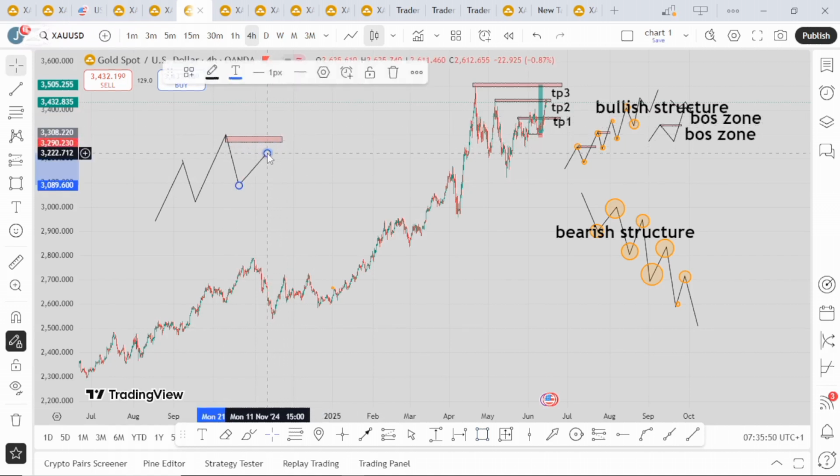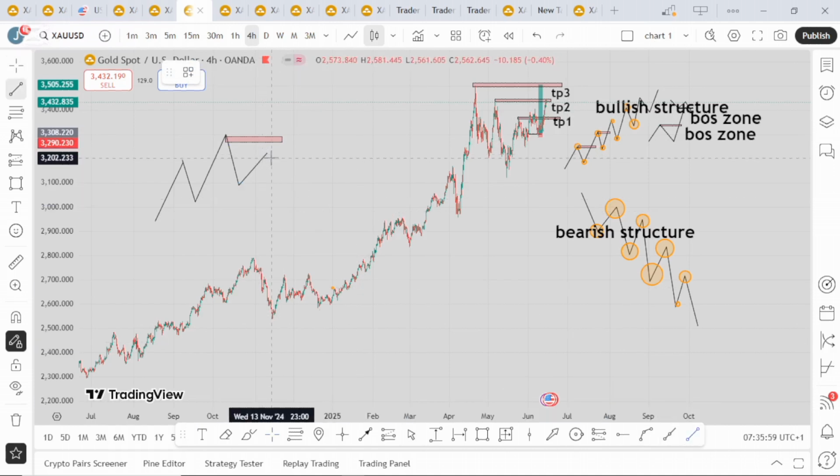In place of price printing a higher high, price printed a lower high. You see what price did? Now automatically this is called a shift of market structure.